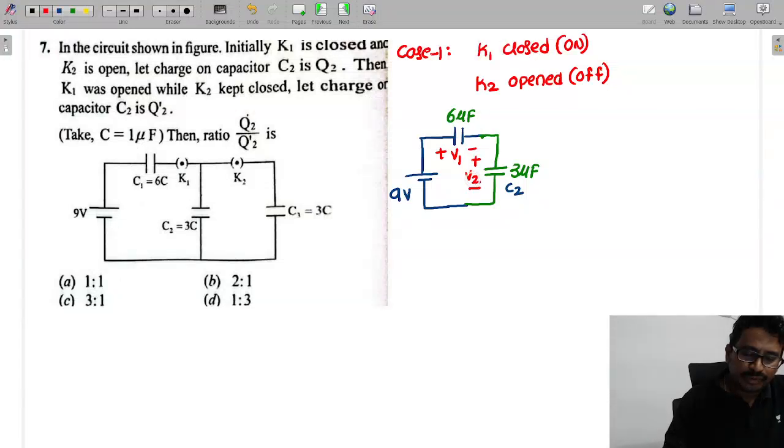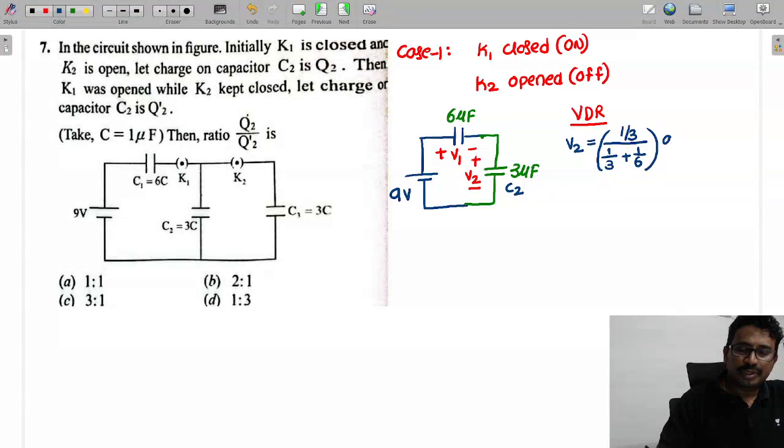we can apply the voltage division rule, VDR. As we know, voltage is inversely proportional to the capacitance. So that means V2 is equal to, tell me now, 1 by 3 over 1 by 3 plus 1 by 6, into 9.